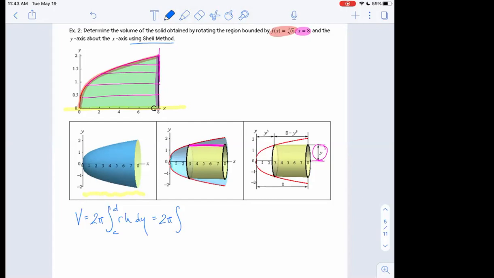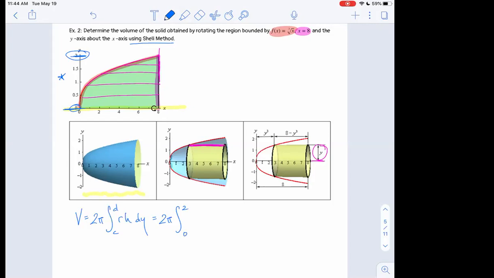I'm so glad that you didn't say -2 to 2. And if you were thinking that, I'm not shaming you by saying that, okay? But what I do want to point out is when you're finding your bounds, you should always use your original picture, okay? So not the reflection, but your original picture. What was the lowest y value here? Well, it was 0. And what was the highest y value? Well, that was 2. All right, so go back to your original to find your bounds, 0 to 2.